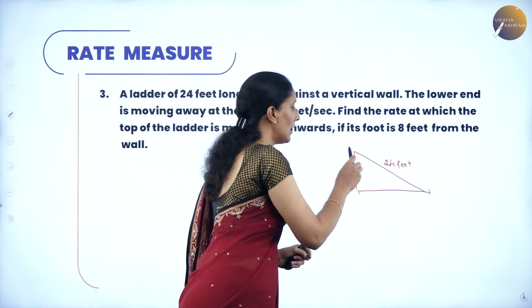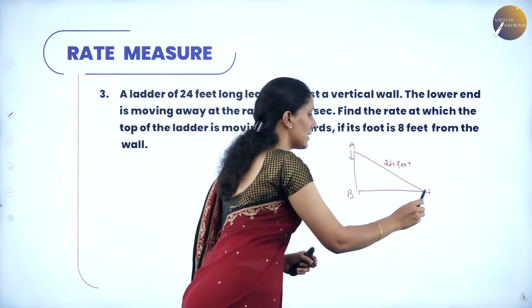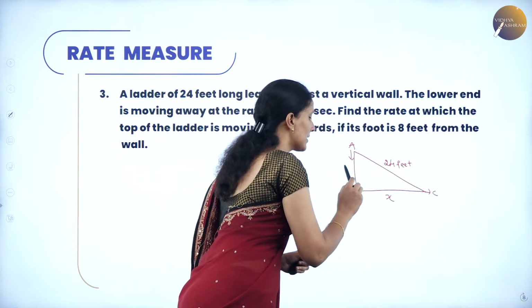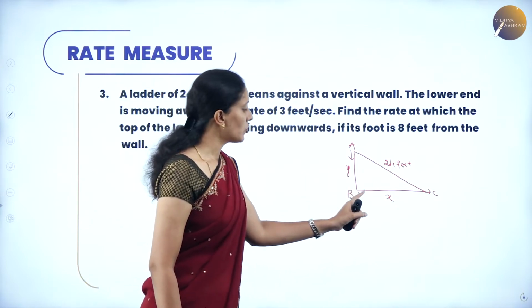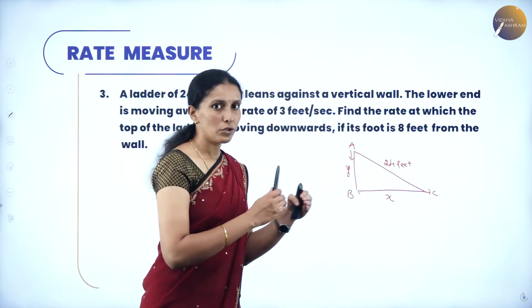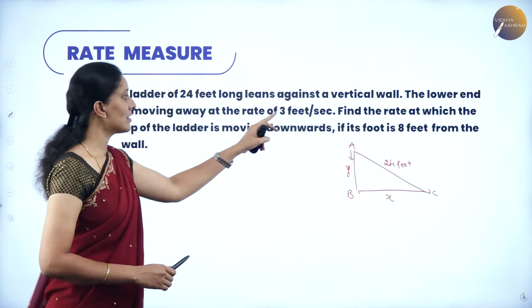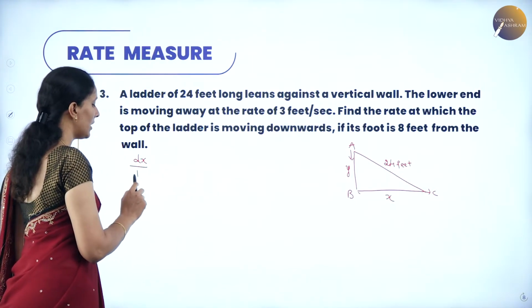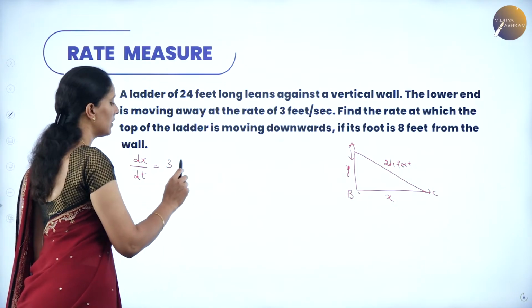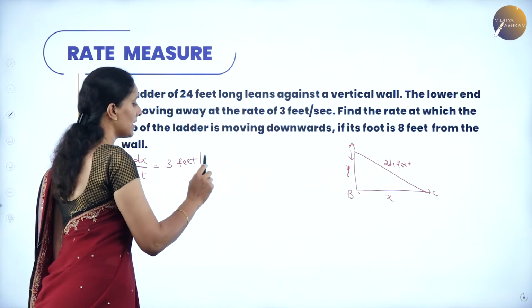So let me take this as A, B, C, and this distance as x and this distance as y. Here the rate of change of the foot of the ladder which is moving away is given, that is 3 feet per second. So they have given dx by dt, which is 3 feet per second.